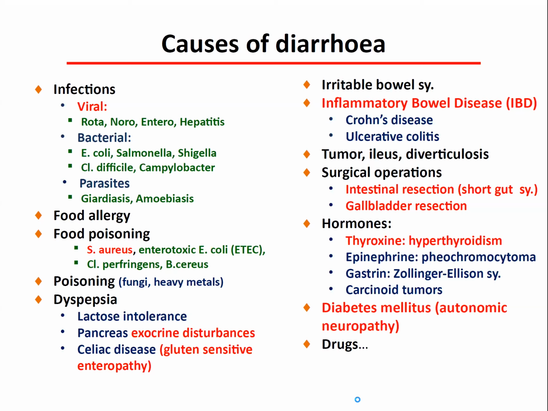syndrome, or inflammatory bowel diseases, as we mentioned before, a tumor, and whoever has tuberculosis or intestinal infection or short gut syndrome, for example, or gallbladder resection due to a surgical operation, hormones such as thyroxine in hyperthyroidism, or epinephrine in pheochromocytoma, or Zollinger-Ellison syndrome, when we have an elevated gastrin level, or a carcinoid tumor can cause diarrhea.